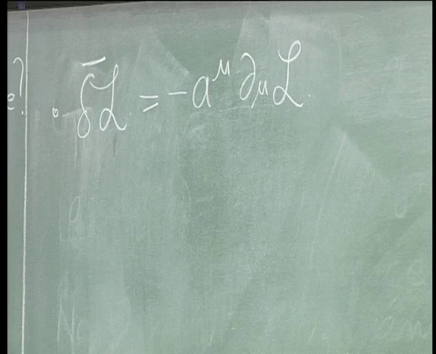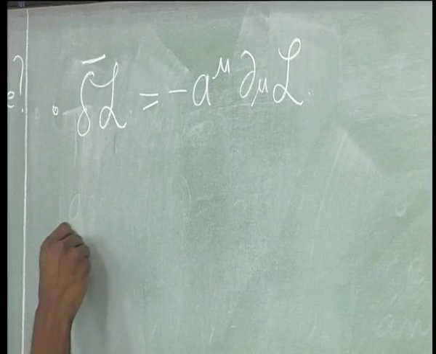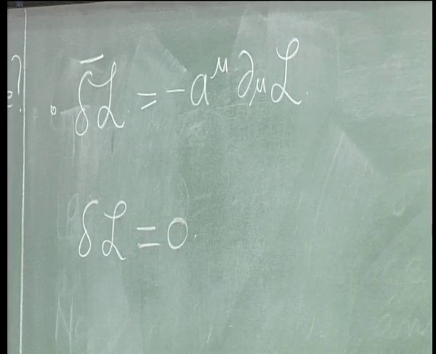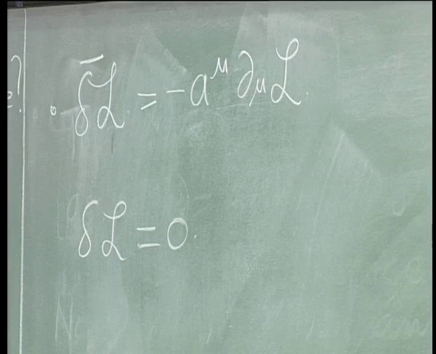So, the statement that it is a symmetry can be written, if you wish, as saying that delta L is equal to 0, and we will use that kind of formula, but this is equal to.